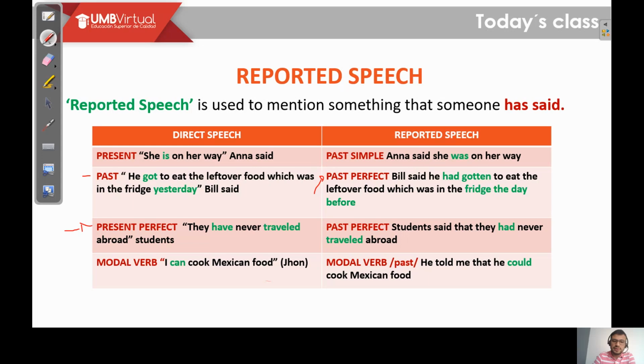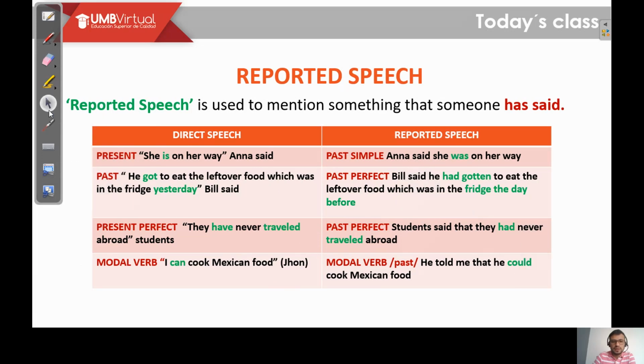Si la persona me lo dice en presente perfecto, yo lo reporto en pasado perfecto. ¿Sí? Me voy un tiempo hacia atrás. Y con los verbos modales, dependiendo, voy a usar el verbo modal en pasado, como por ejemplo can. I can cook Mexican food. He told me that he could cook Mexican food. ¿Sí?